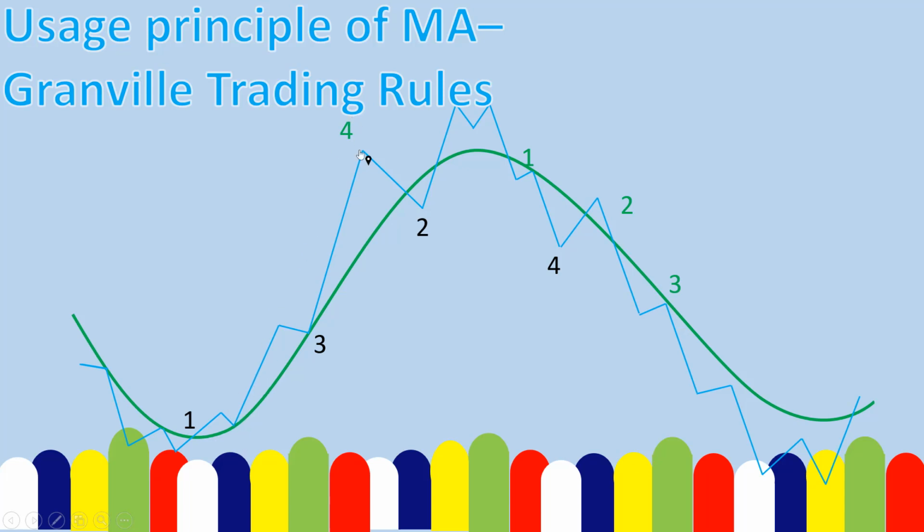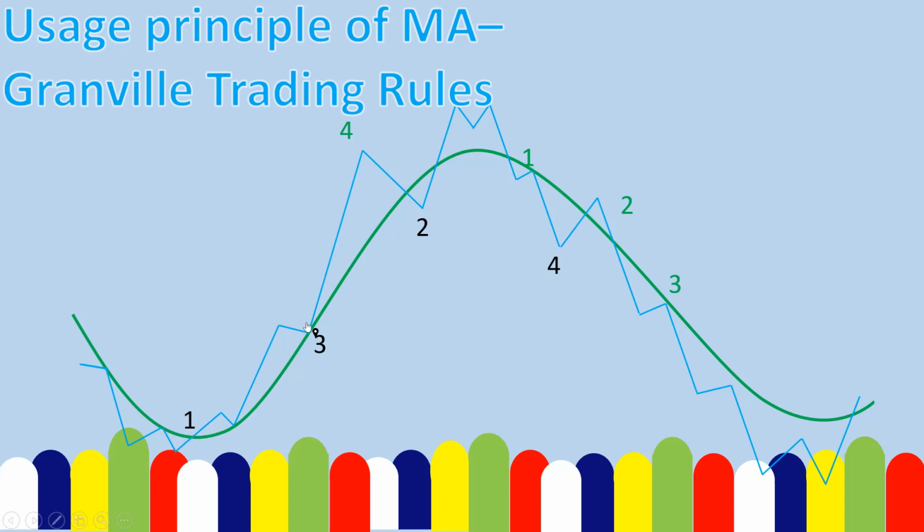We should know about this, and then we should see the buy points. The first buy point is when the MA goes flat, and then the price crosses upward through the MA, then the MA turns up. Here will be the first buy point for the reversal.